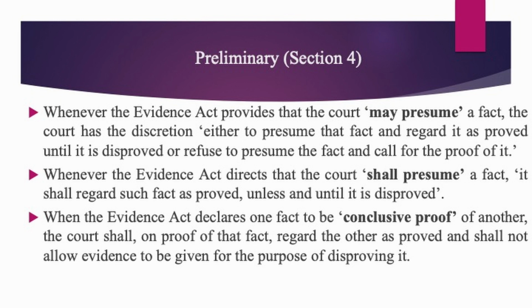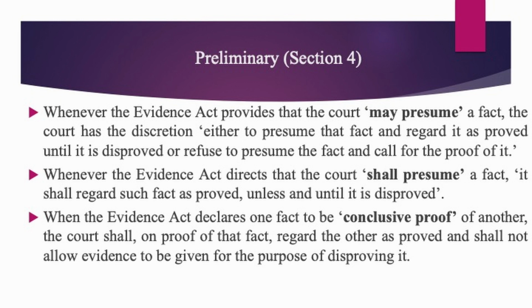When one fact is declared by the Evidence Act to be conclusive proof of another, the court shall, on proof of that fact, regard the other as proved and shall not allow evidence to be given for the purpose of disproving it. For example, where the question is whether A and B are husband and wife, and a divorce decree is produced, the court shall conclusively presume that they are no longer husband and wife from the date of such divorce decree.